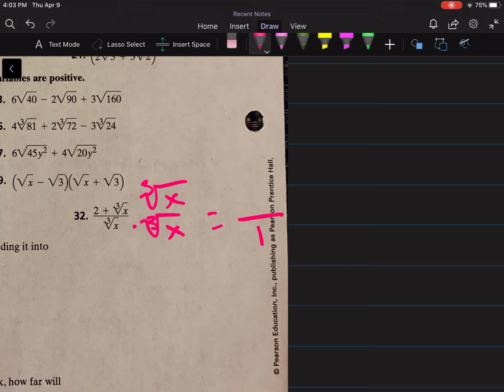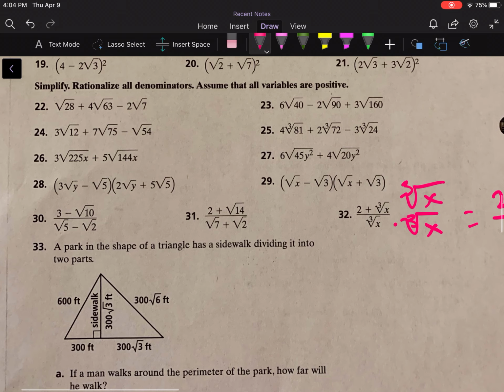And the top, root 3x times root 3x, oh, sorry, that's x, is just x. And then we have a 2 at the top. So those two will cancel out and you'll end up with a 2 all alone. And that is your answer after you're simplifying. You're going to do the same thing with all the others.